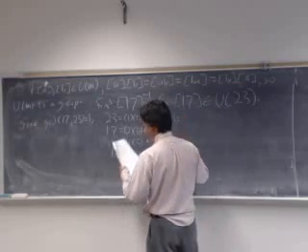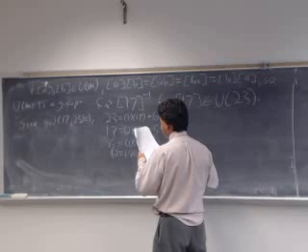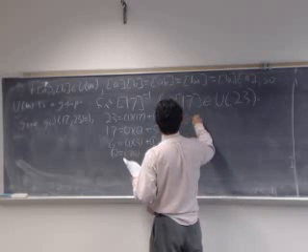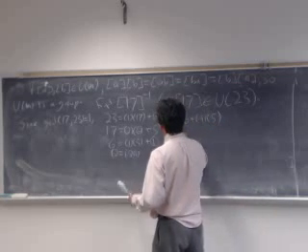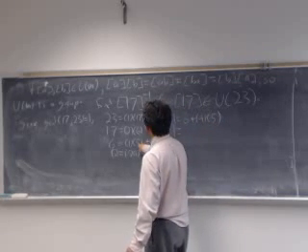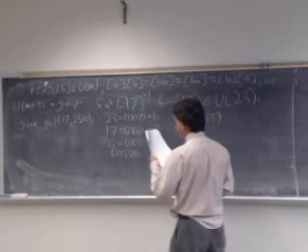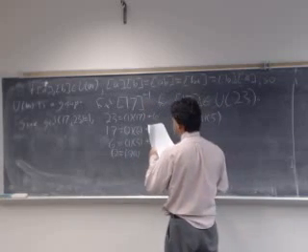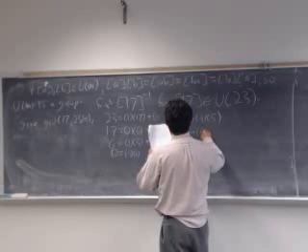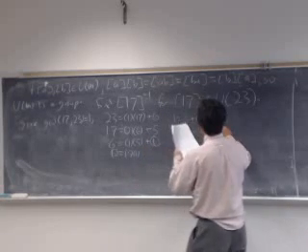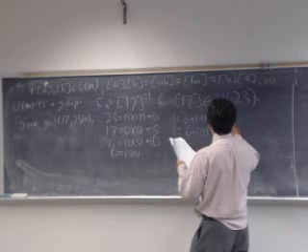So 1 is going to be equal to 6 plus negative 1 times 5. But 5 is equal to 17 minus 2 times 6.